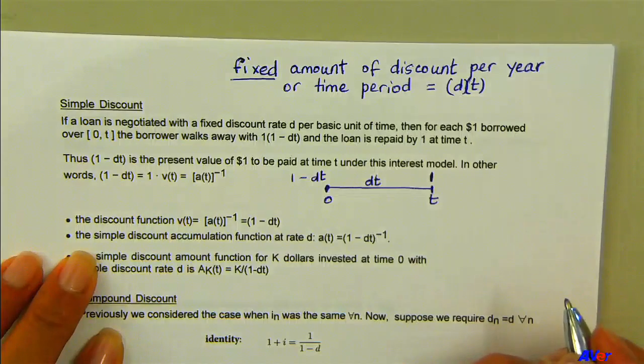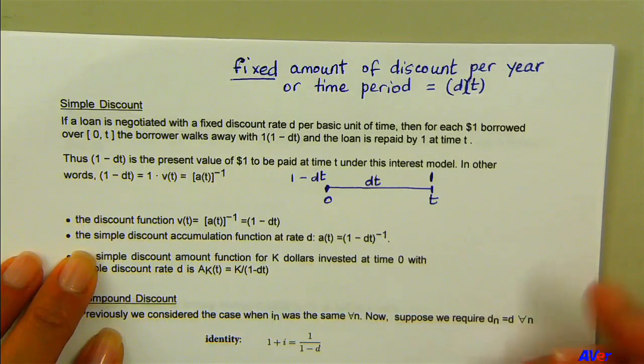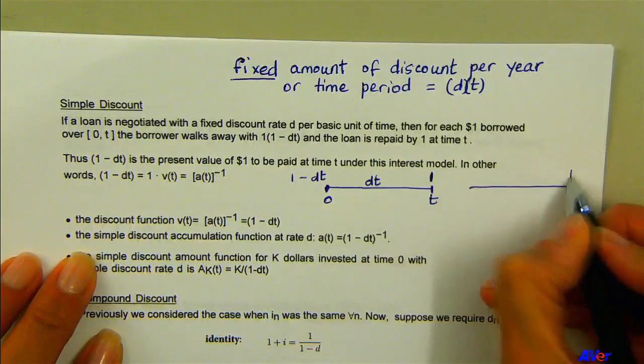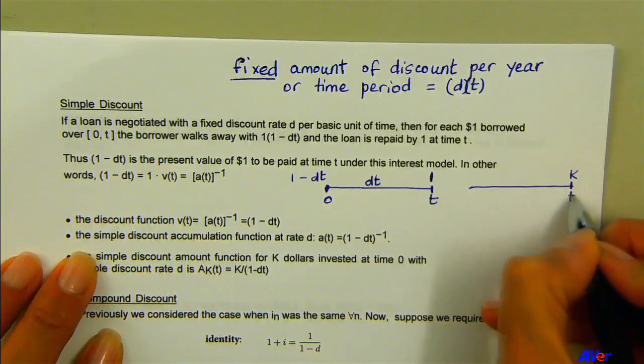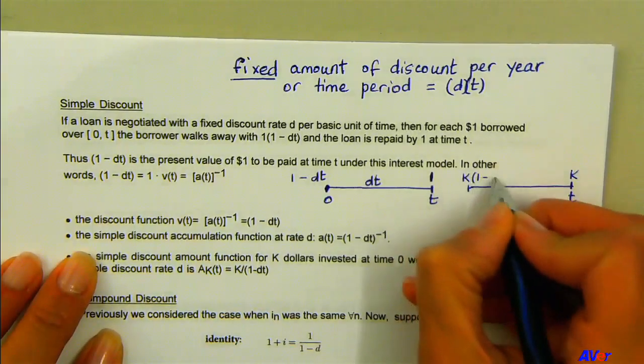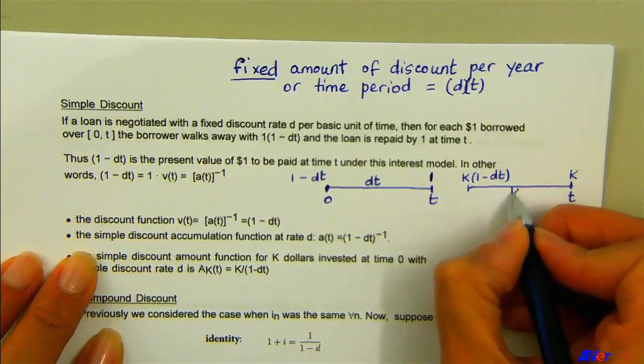Remember this? It's similar to the general discount that we were talking about when we had k, and then we had k times 1 minus d before, right? Obviously if this is not 1 and if this is k at time t, then you would walk away with k times 1 minus dt.